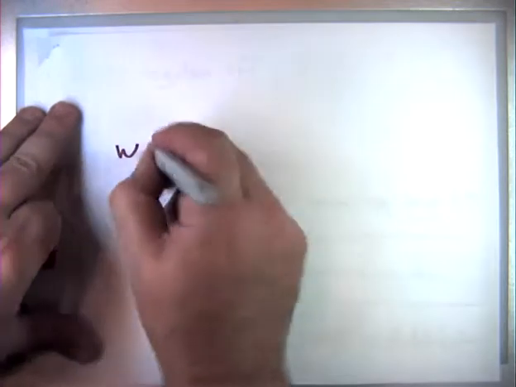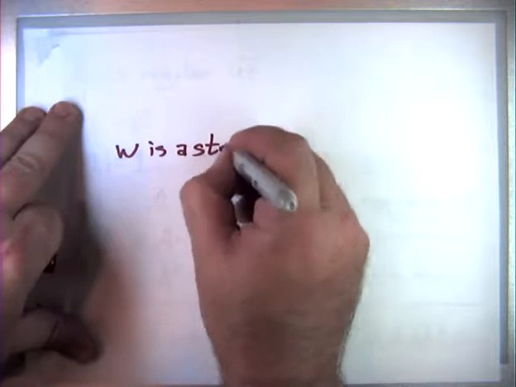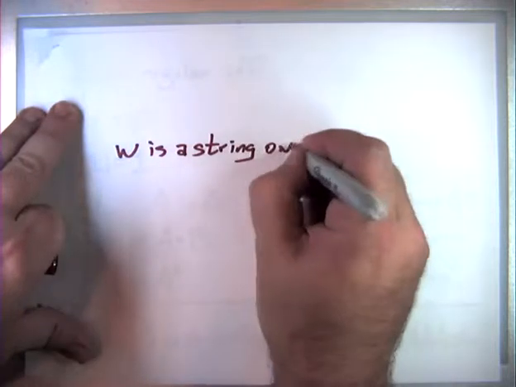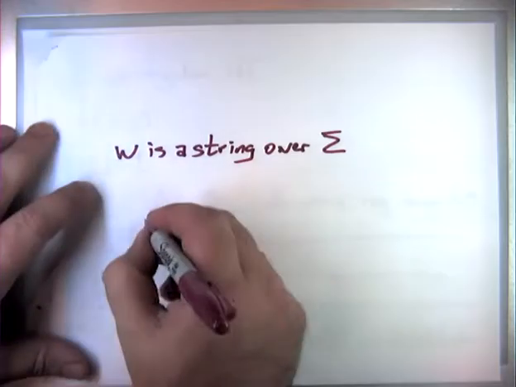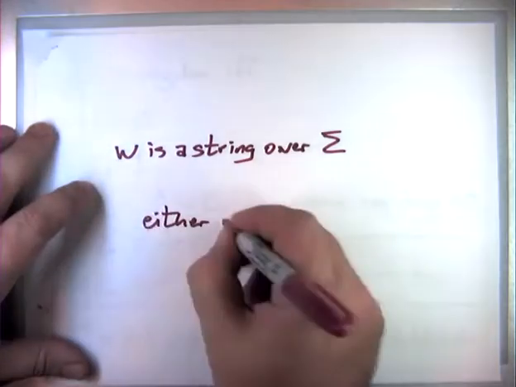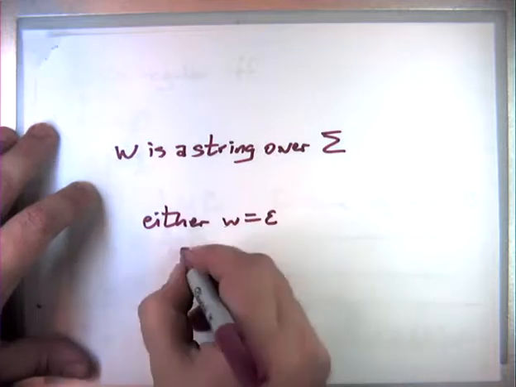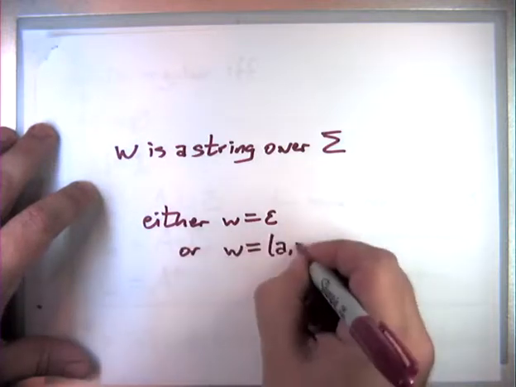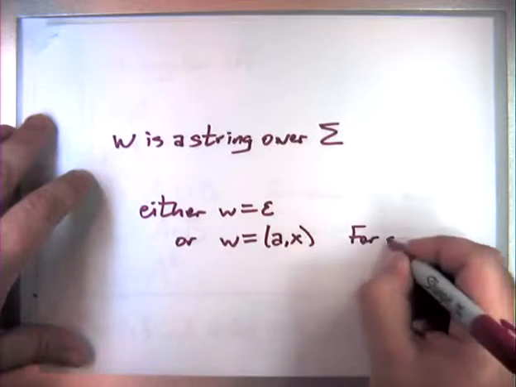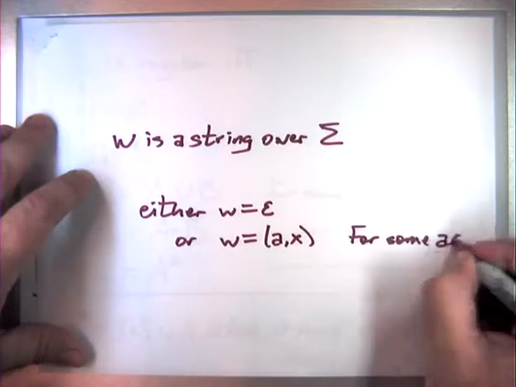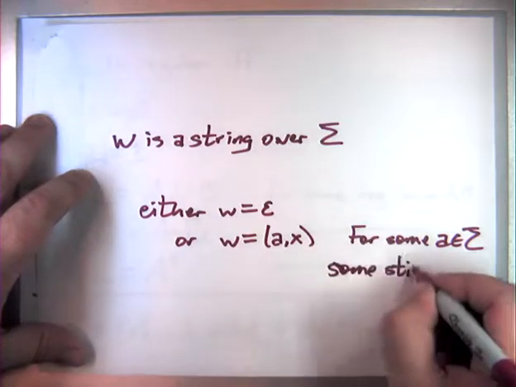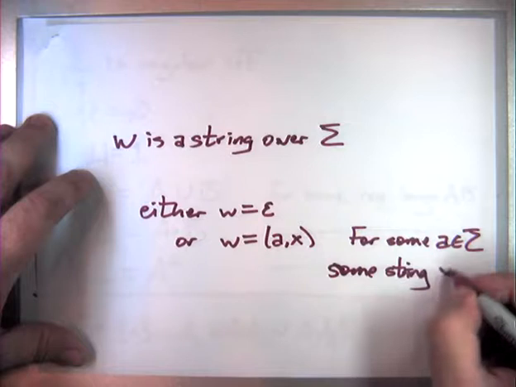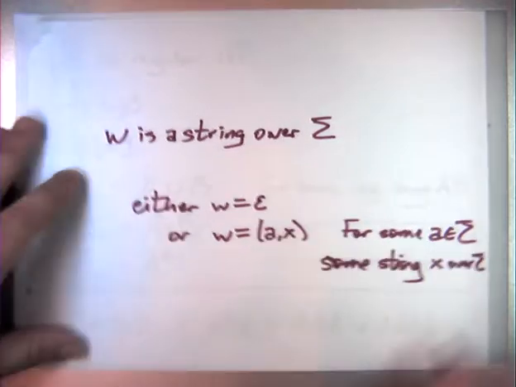subtlety just in the definition of a string. Right? What it means for W to be a string over the alphabet sigma is either W is the empty string, or W is this ordered pair AX for some character A in my alphabet and some string X over sigma.